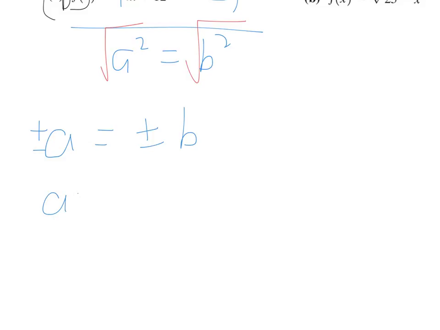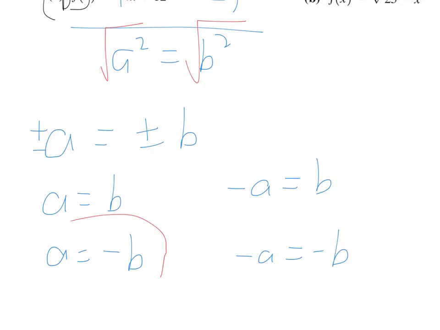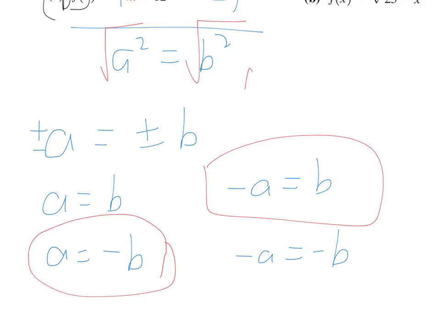So that means positive a is equal to positive b, or positive a is equal to negative b. Likewise, the opposite of a is equal to b, or the opposite of a is equal to the opposite of b. You see here, the x values do not necessarily have to be equal in order for the y values to be equal. So it's not 1-to-1.